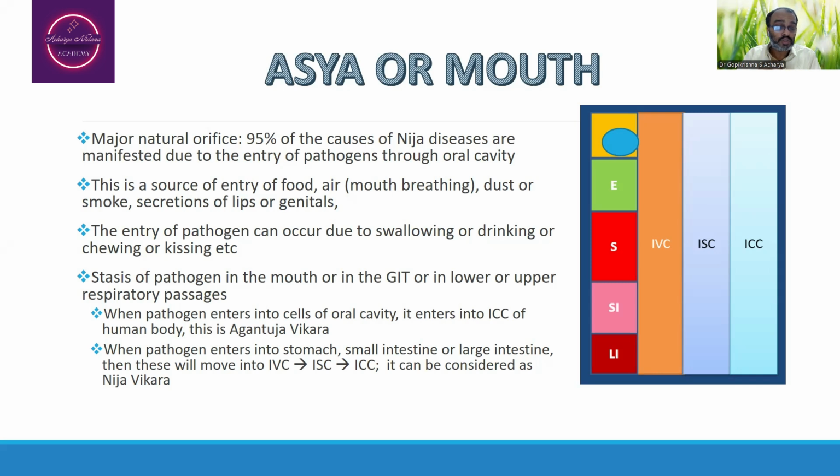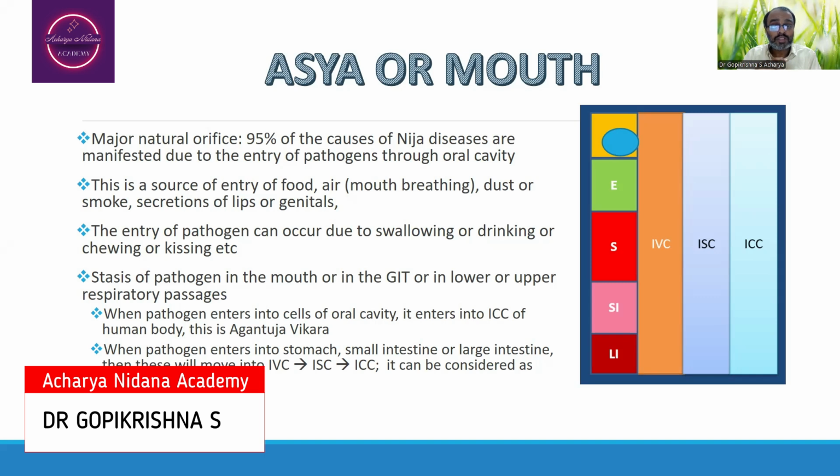So here the entry of pathogens can happen either during swallowing, during drinking liquids, during chewing or kissing, etc. Pathogens may enter through the oral cavity where the person is not maintaining proper oral hygiene, such as after chocolate consumption or after food consumption. There may be a possibility of stasis of these pathogens in the oral cavity for a longer amount of time, which may be responsible for the affliction of the cells in the oral cavity.